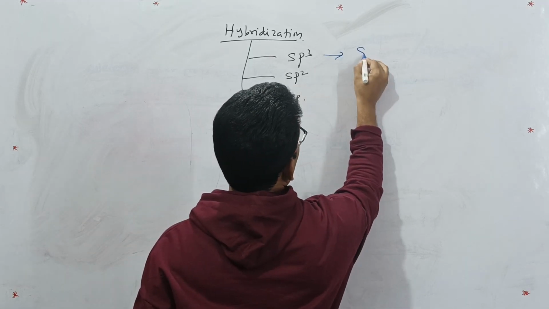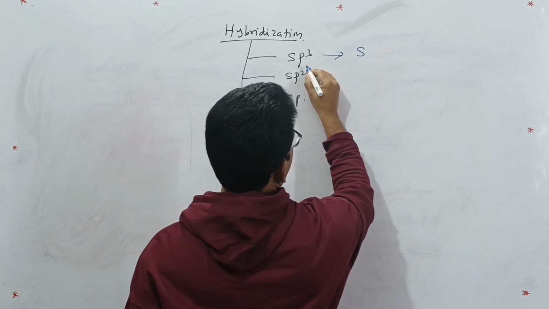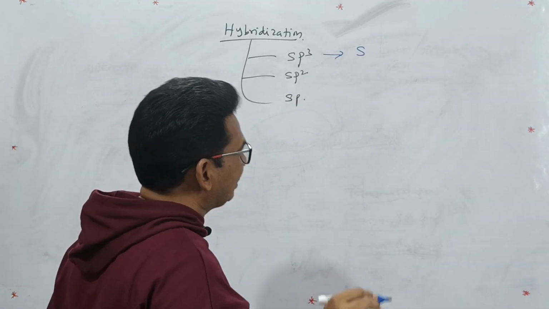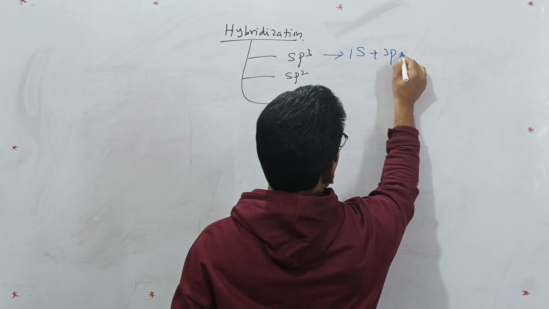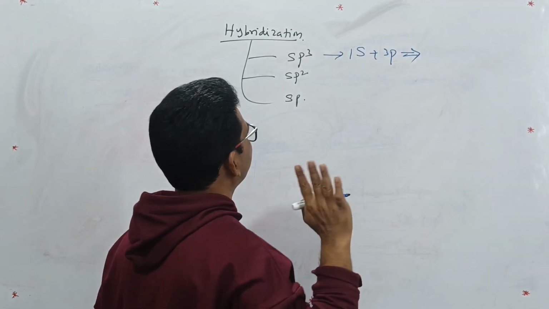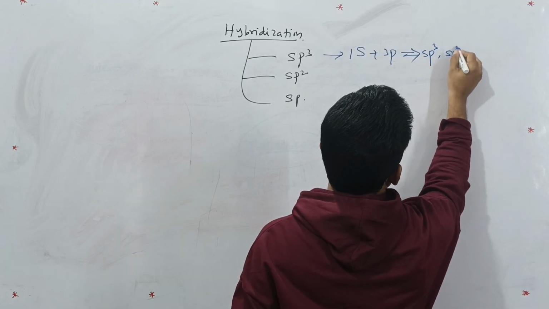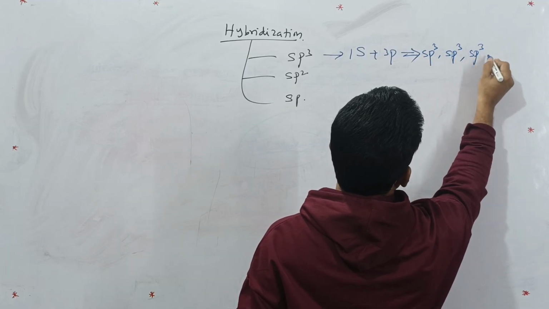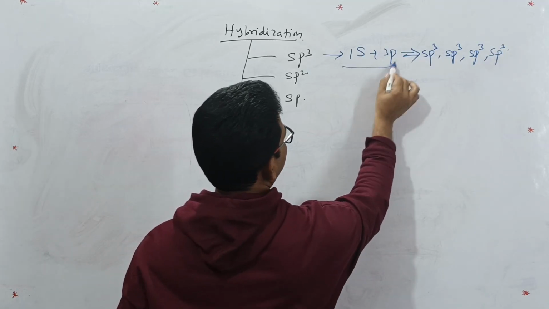sp3 means what? Here, one s orbital and three p orbitals: 1 s plus 3 p. Then how many equivalent orbitals are going to be produced? Four. That is sp3, sp3, sp3, sp3. What is the definition?